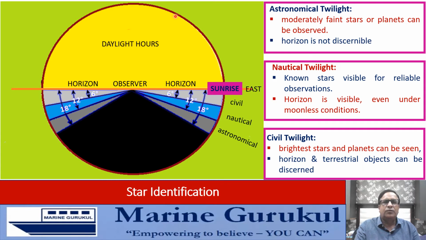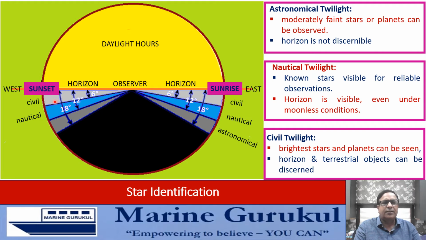Sun apparently moves across the sky from east to west, and when it reaches the western horizon, it's time for the sun to set. Now, as the sun sets, all the three twilights begin. Civil, nautical, astronomical all begin. When the sun center reaches 6 degrees below the horizon, it is end of civil twilight.